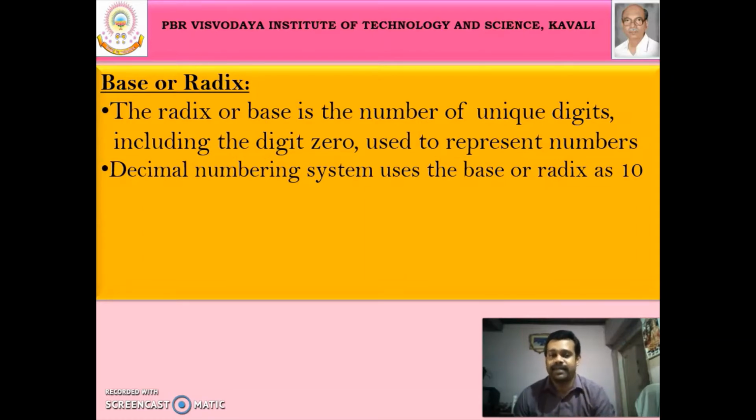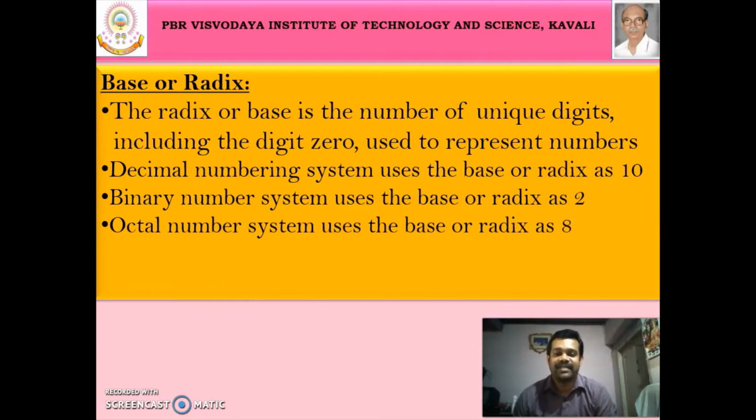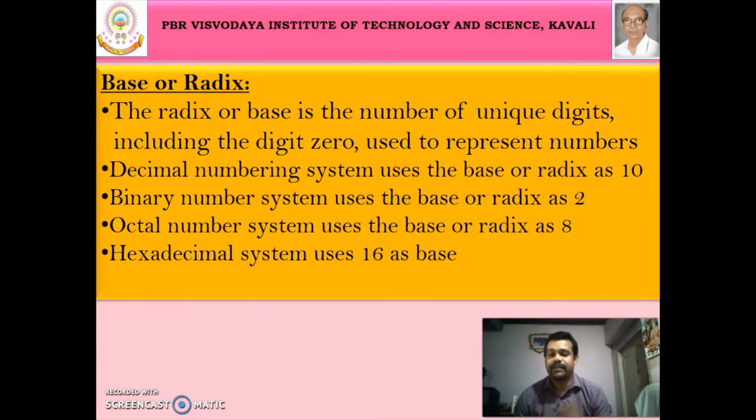In binary number system, we are using the base 2 and we are using the numbers 0 and 1. In octal number system, we are using the base 8 and the numbers from 0 to 7. Hexadecimal number system uses the base 16. Here we are having the numbers from 0 to 15.